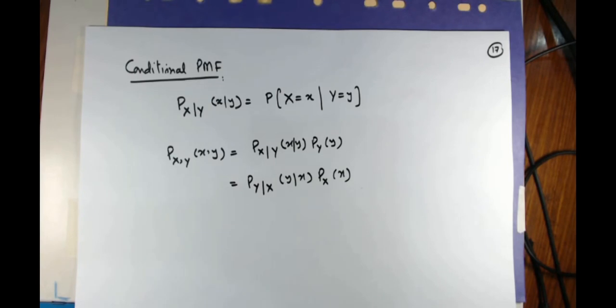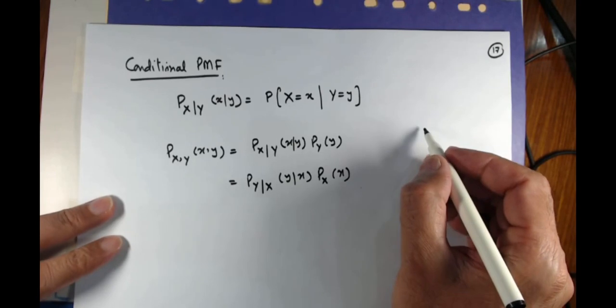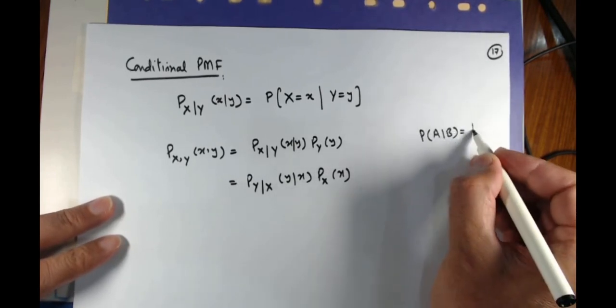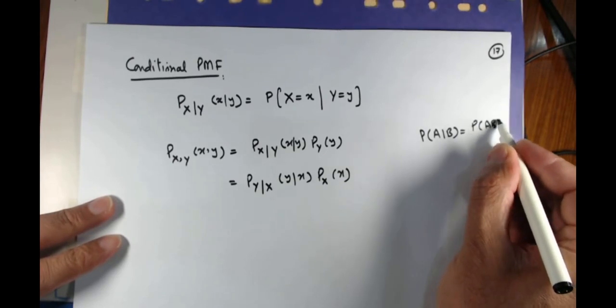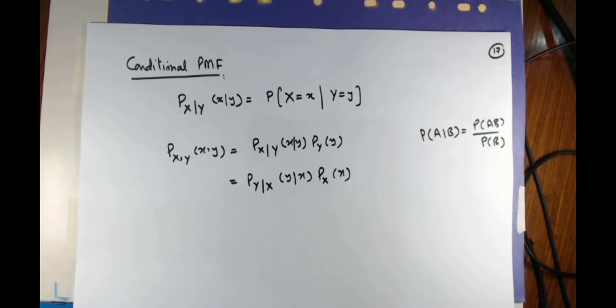This is very, very simple. How? If you recall, probability of A given B was what? P of AB divided by P of B.